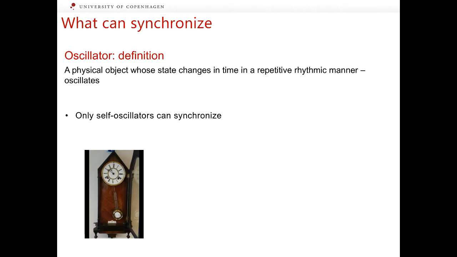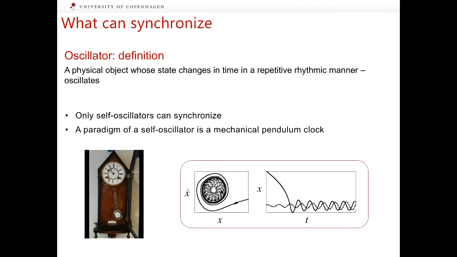They are called self-oscillators. A famous paradigm of a self-oscillator is a mechanical pendulum clock. On the right-hand side, you can see two phase portraits and two solutions of equations that describe the behavior of the angle of the pendulum in this clock in the course of time.